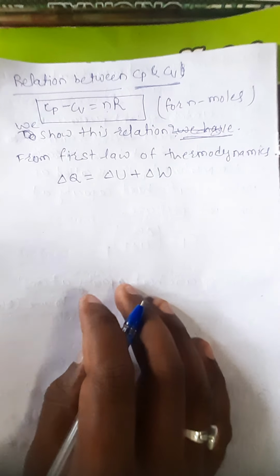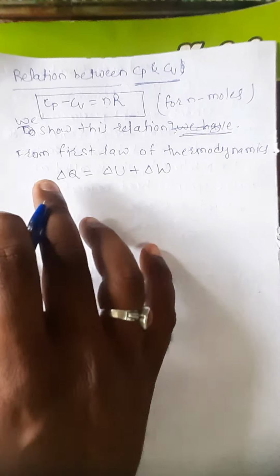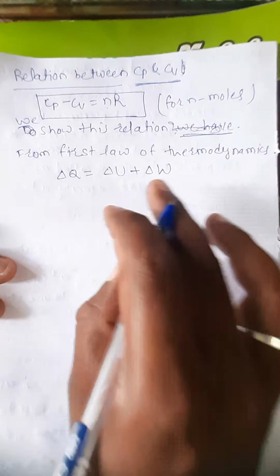What is the first law of thermodynamics? Some amount of heat energy will be utilized to increase the internal energy, delta U, and the remaining part of the heat energy is utilized to do work.